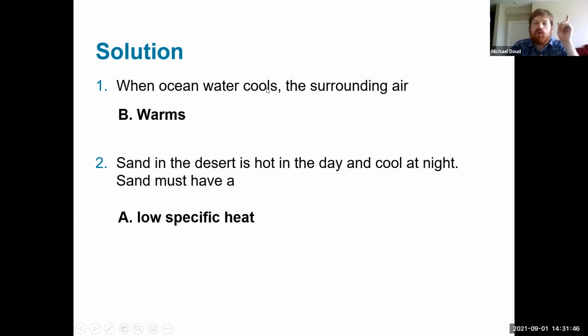Okay, so if ocean water cools, that means that it's giving off heat, right? That's the only way that something can get colder is by giving heat to something else. So the surrounding air has to absorb that heat and it has to get hotter. On the Pacific, it's such a cold body of water that it's almost always absorbing heat.